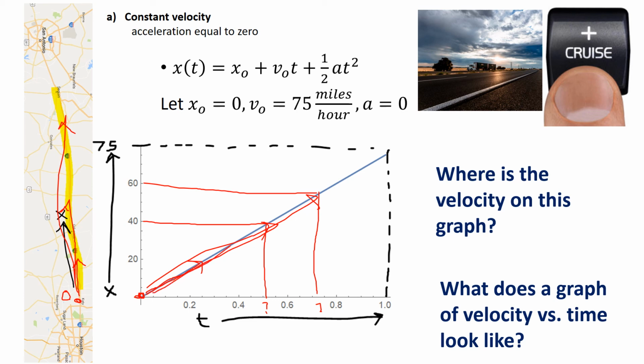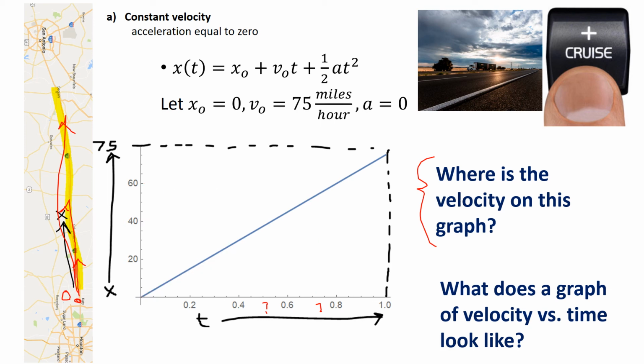And here's some questions to ask. Where is the velocity on this graph? You want this to be intuitive, so that you don't even have to think about it. Okay, so where is the velocity on this graph? Velocity is dx dt, rise over run.